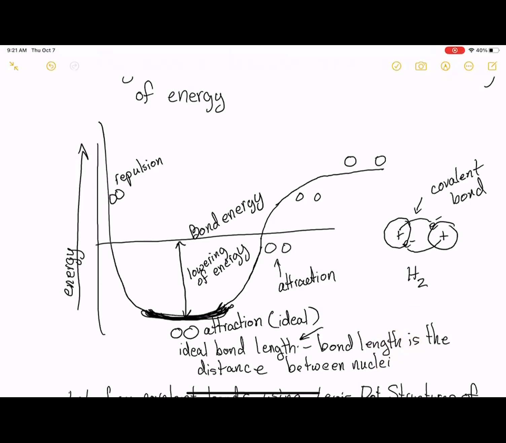The reason they share between those two atomic nuclei is to minimize the energy, to get to a negative energy, because this would be 0. So this would be a negative energy, and this would be a positive energy. They're trying to get to the negative energy that's given off when they come together.